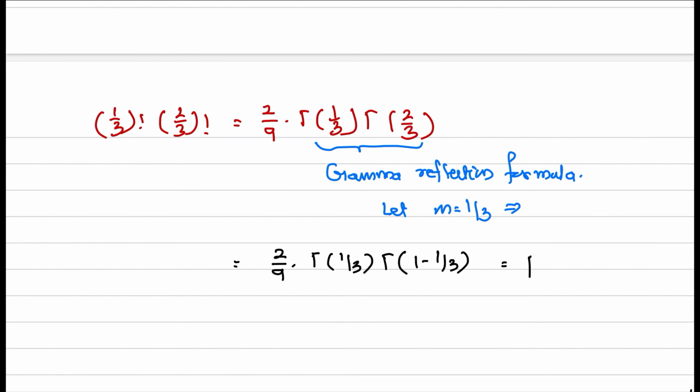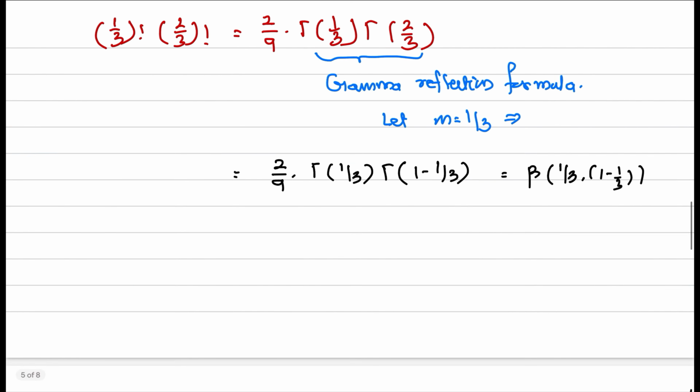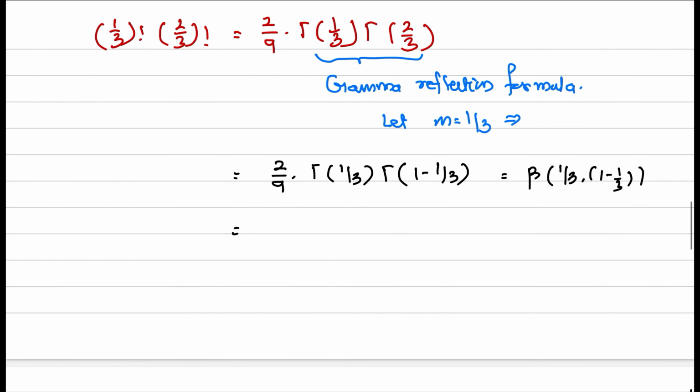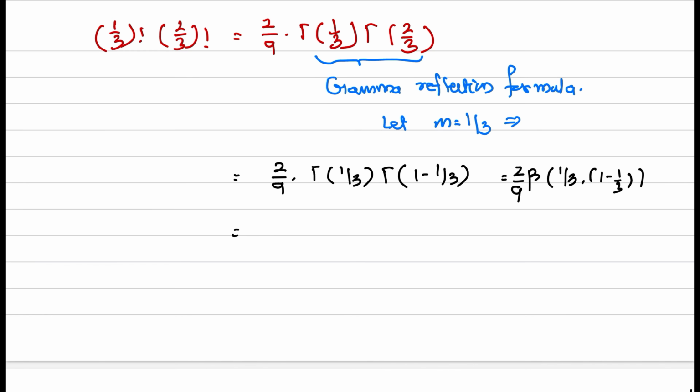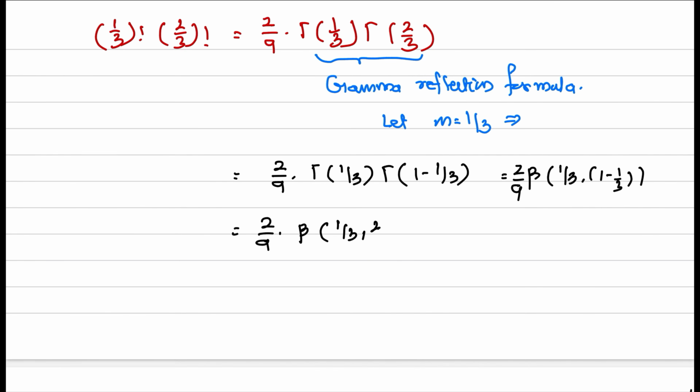That is equal to beta m is 1 by 3 and 1 minus 1 by 3. This is nothing but 2 by 9, we should not forget, 2 by 9 into beta 1 by 3 and 2 by 3.